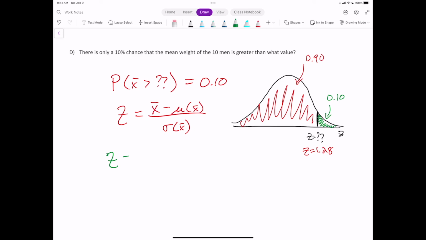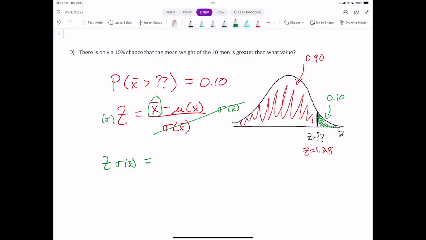Let's go ahead and solve this equation. What we're trying to solve for is this value right here. This is the unknown value. So I'm going to multiply both sides of my equation by the standard deviation. So we have z times the standard deviation of x bar. Order of multiplication doesn't matter.